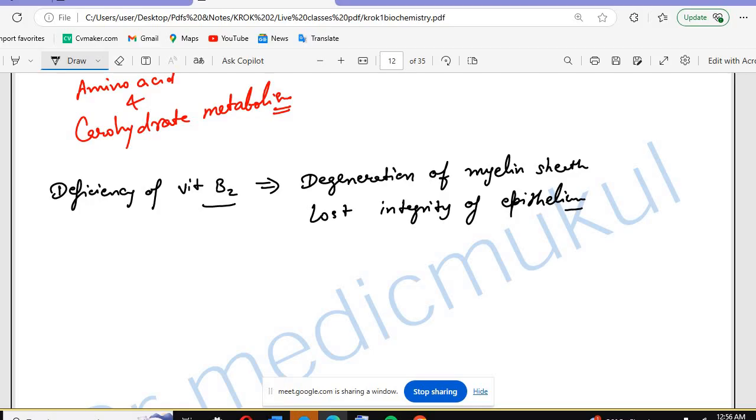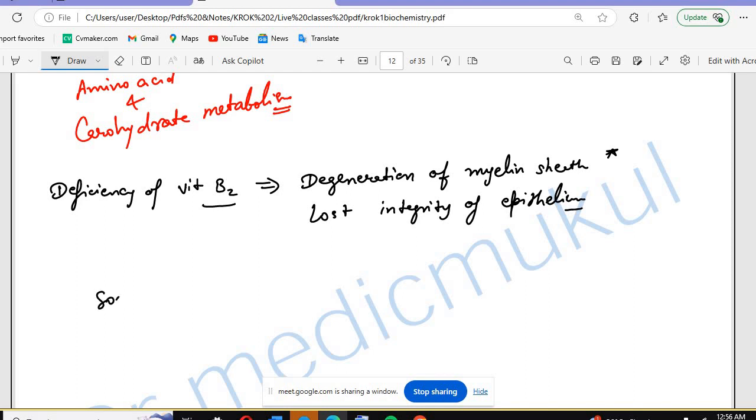Degeneration of the myelin sheath. This is very important. Along with that, there will be loss of integrity of the epithelium. The patient will also have peripheral nerve degeneration, stiff legs, corneal opacities, and cataract. There are some other deficiency symptoms that you are going to see.